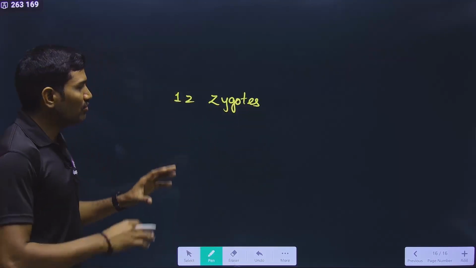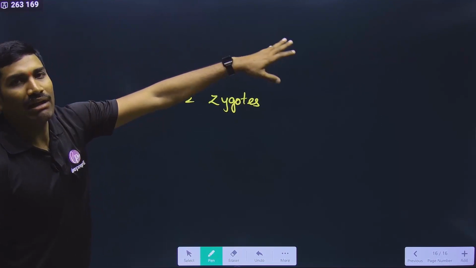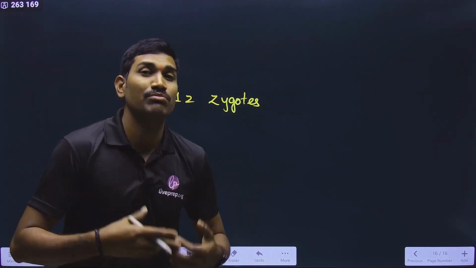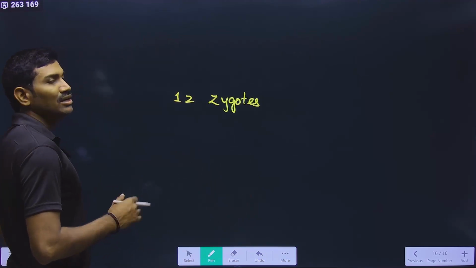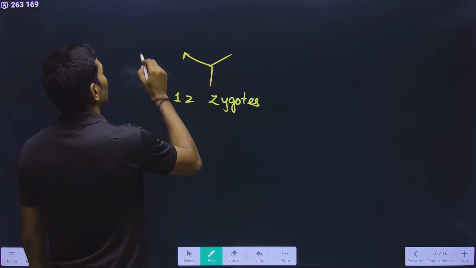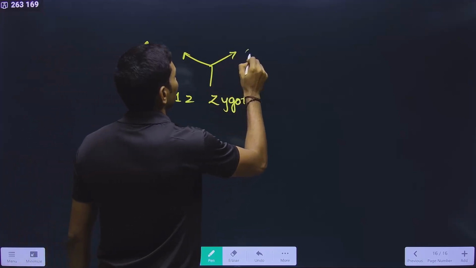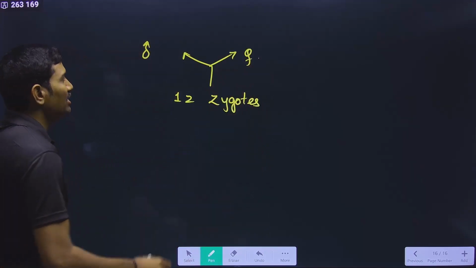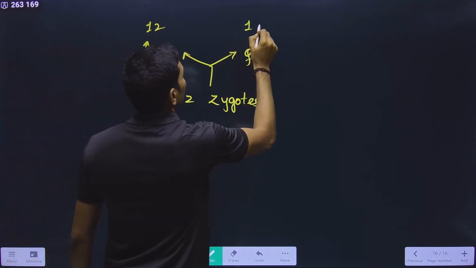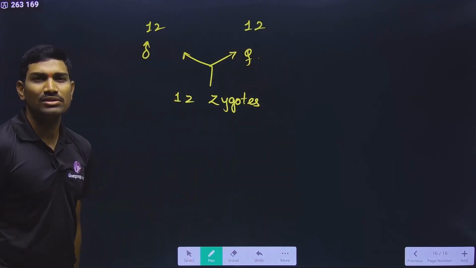For the formation of 12 zygotes, during the gametogenesis process, how many meiotic divisions are required? This is the question. How will you calculate? First we will see for the male. This is the symbol for male, this is the symbol for female. Here 12 male gametes are required and 12 female gametes are required. This is the basic logic.